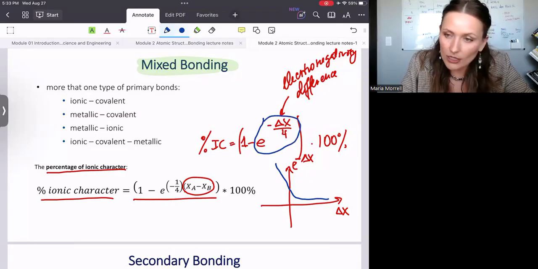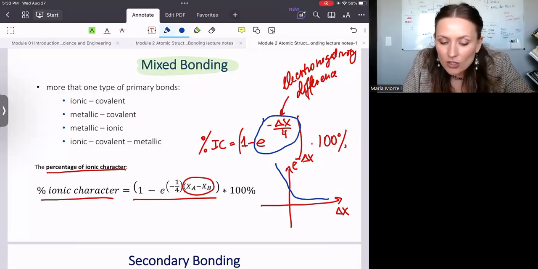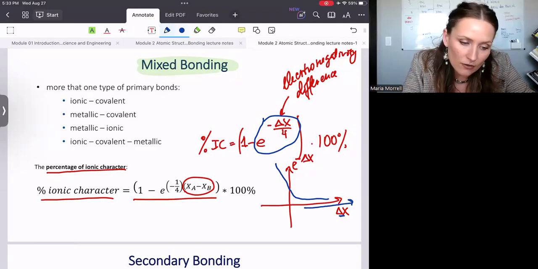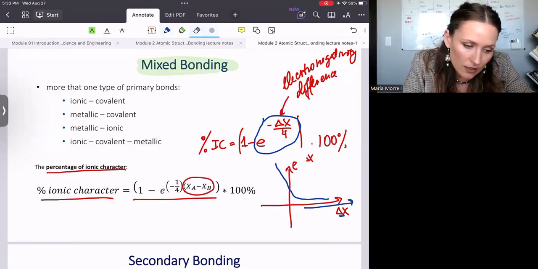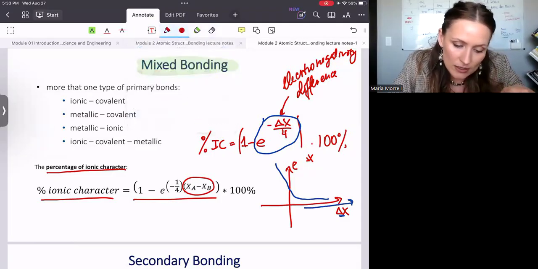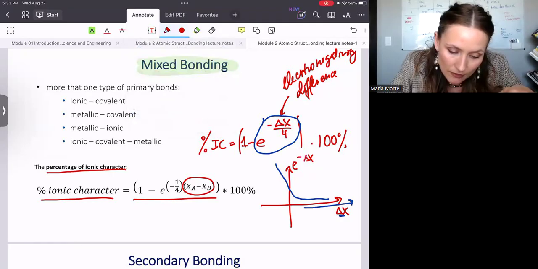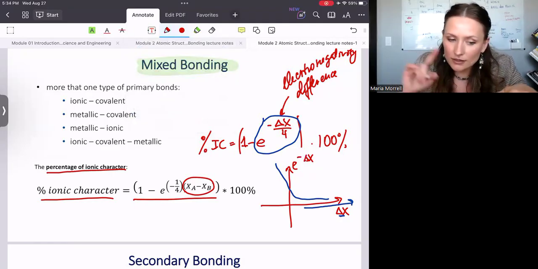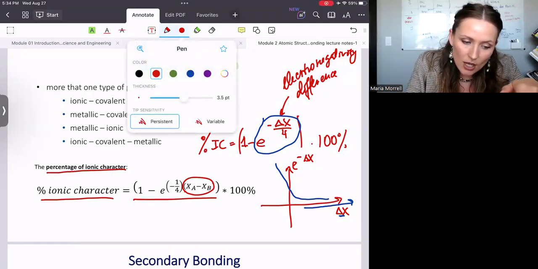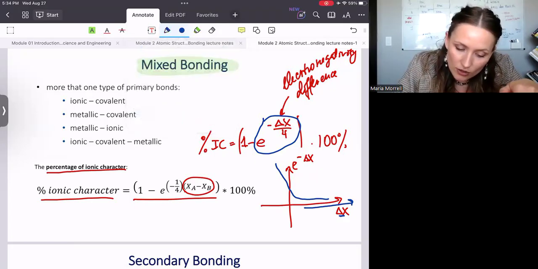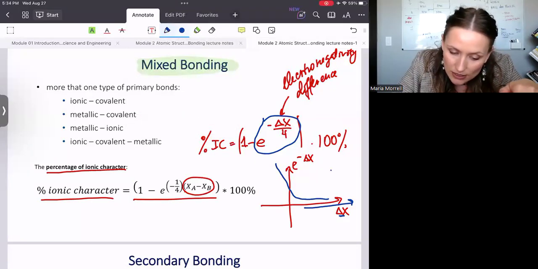As the delta x increases, I'm going to put the difference here so you can clearly see it because it's a negative. It's important that there is a negative sign. As the delta x increases, your function decreases, right?